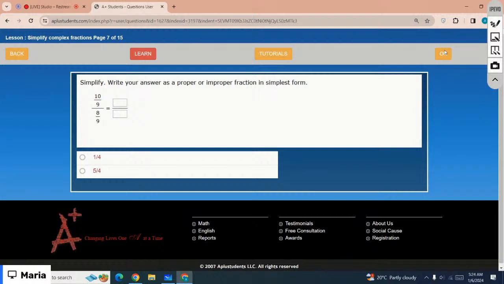Okay, the next one is simplify. Write your answer as a proper or improper fraction in simplest form. So which is the correct option?